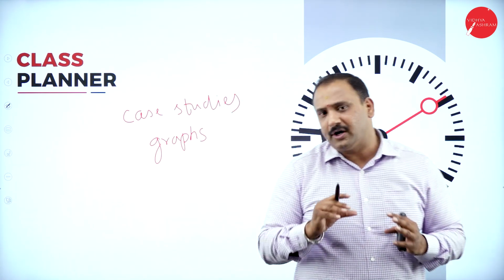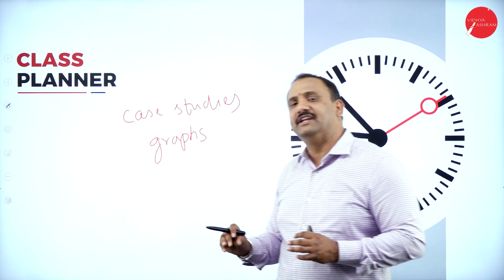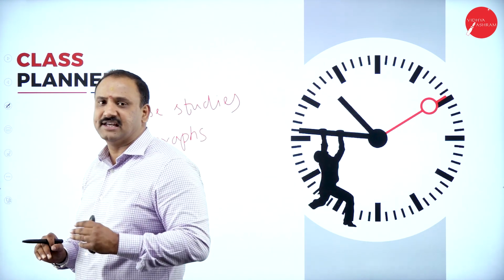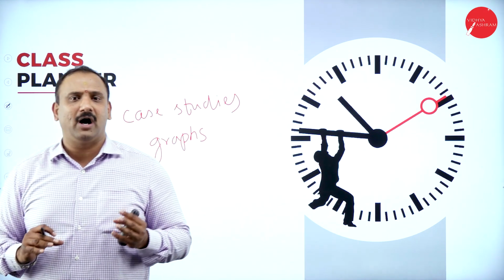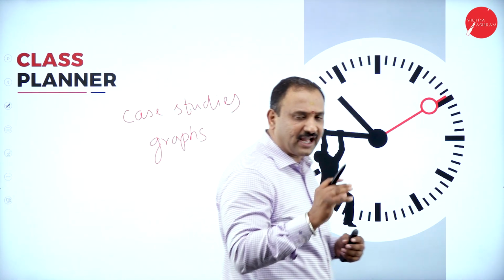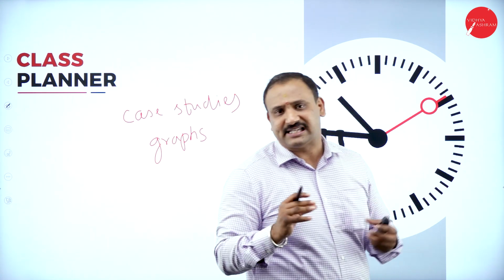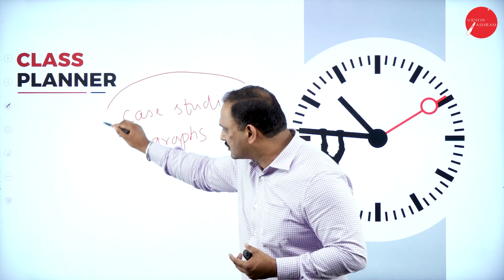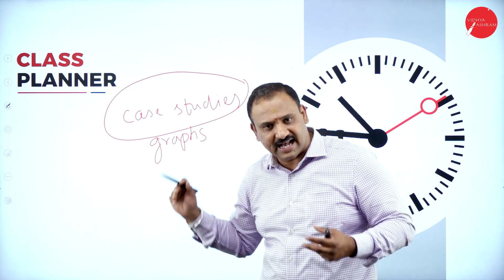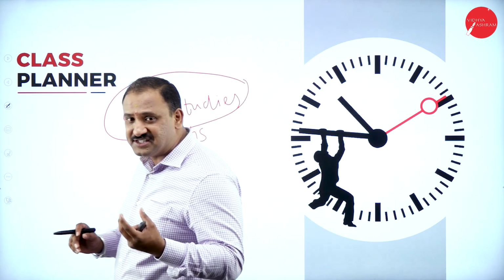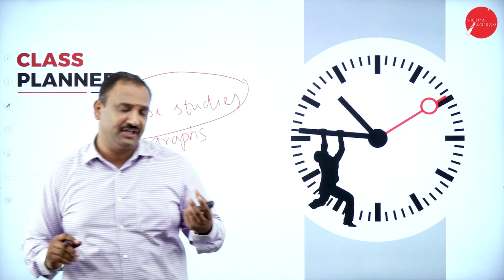When I talk about business decision theory, there are several case studies, small as well as big, which talk about the utilization of resources, the utilization of time and other factors that has helped them to build better industries. So definitely case studies are going to be a part of our class plan that will help you to effectively understand business decision theory.